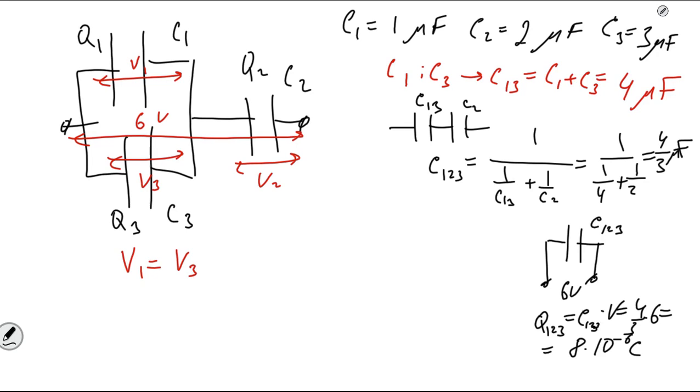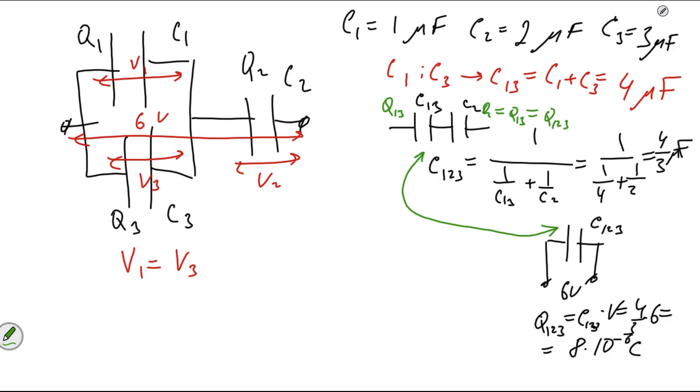Well, we know that because this capacitor is equivalent to these two, Q13 and Q2 should be equal to each other, but also to this charge, Q123. That's why we call it equivalent.